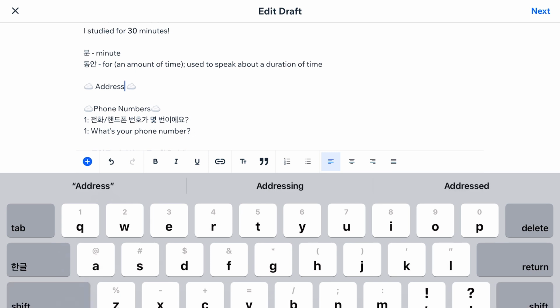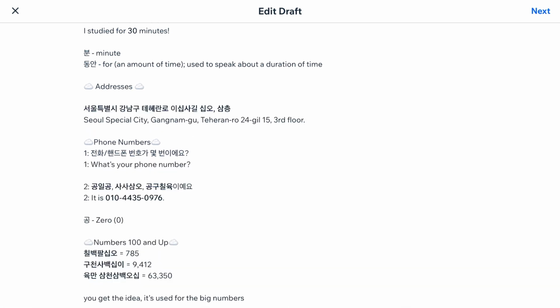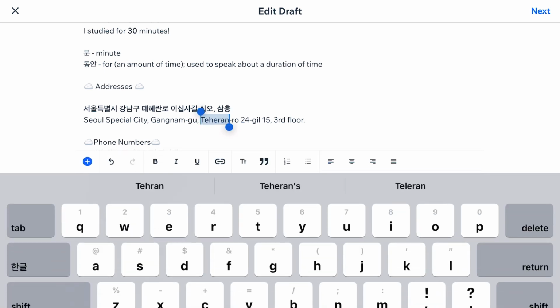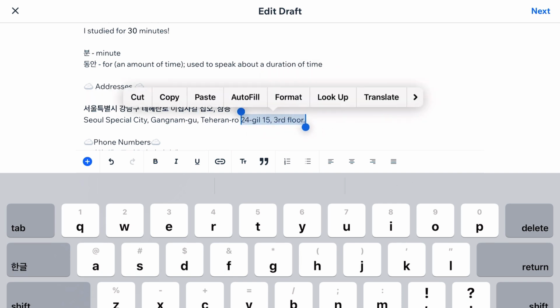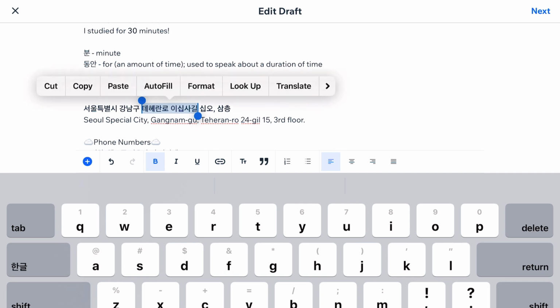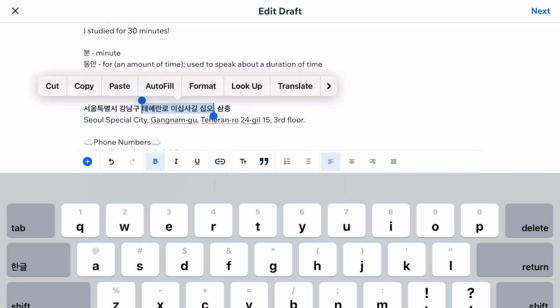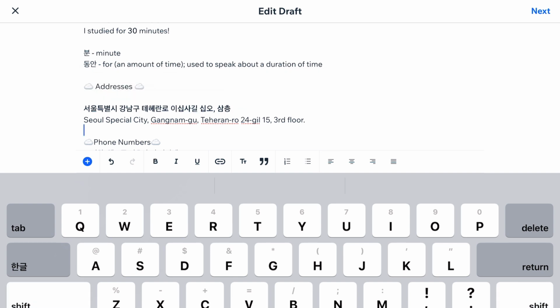Addresses. So I'm going to put an example or two of an address. Here's an address that we have here. Really, we only need to pay attention to this ending part with the numbers on it. They're all Sino. So 테헤란로 24길 15. Tehran-ro, 24길, and then 15.